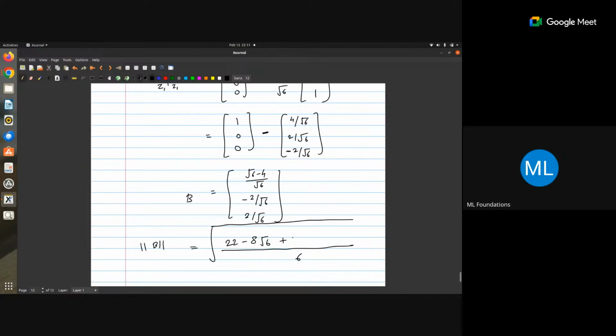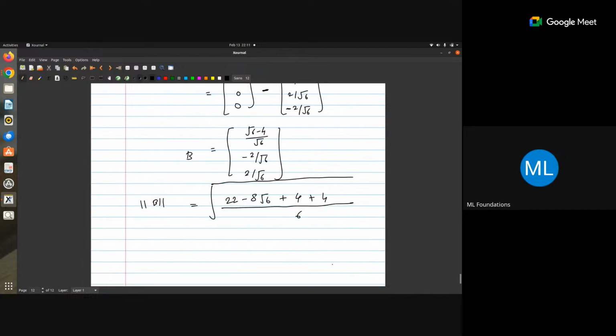Plus 4 plus 4. So basically this will become 30 minus 8 root 6 by 6. It's getting to be a weird equation, right?